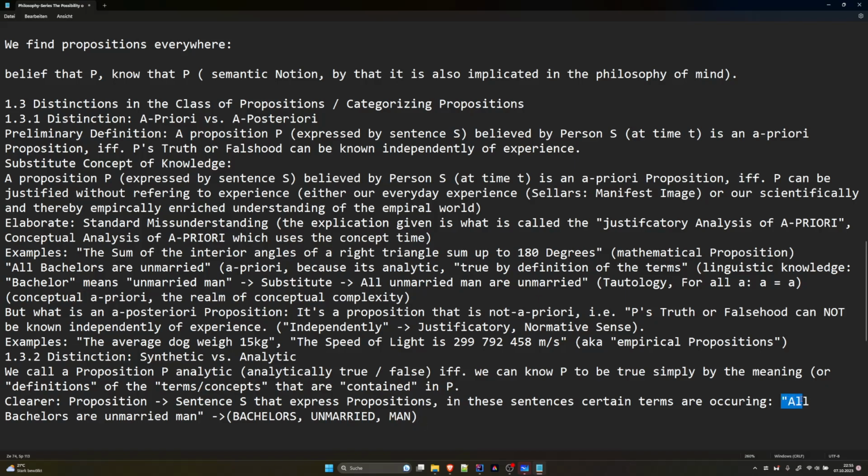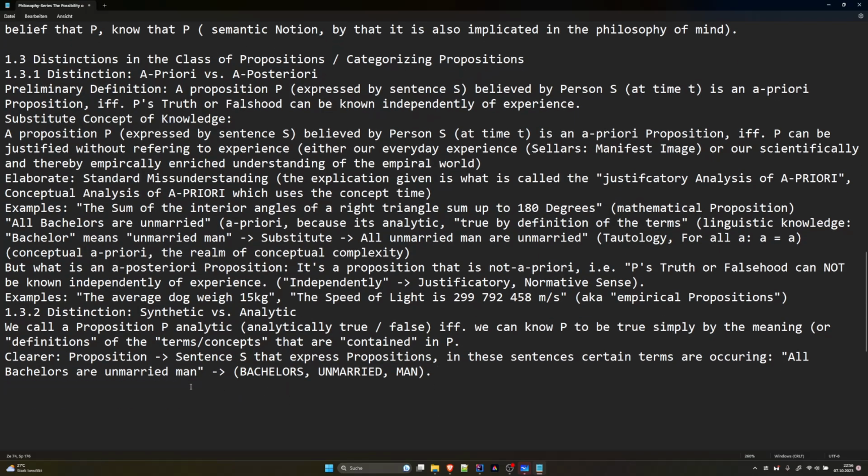We have an all quantification, but I'll ignore this for now. I'll ignore the logical structure of these sentences. And what we are claiming when we say that this proposition is analytic is that all bachelors are unmarried men is a statement which is true by the meaning of the terms alone, by the definition of these terms alone.